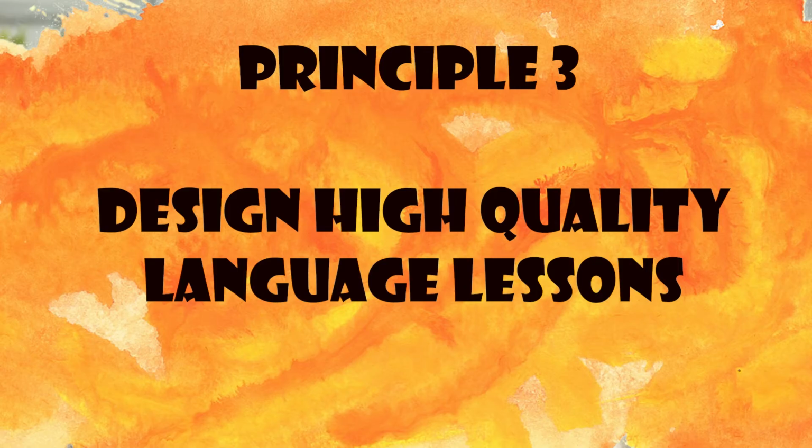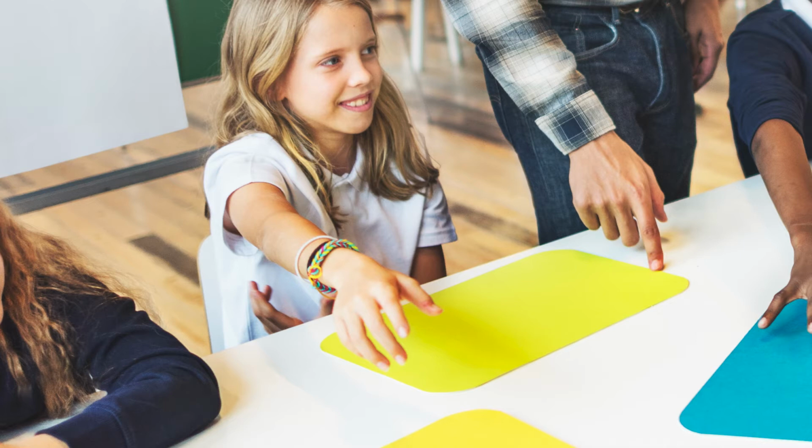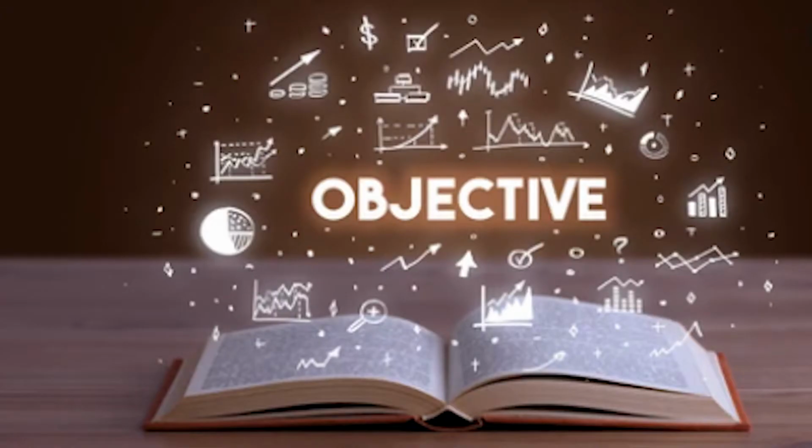Principle 3, design high-quality language lessons. Teachers plan meaningful lessons that promote language learning and help students develop learning strategies and critical thinking skills. These lessons evolve from the learning objectives.